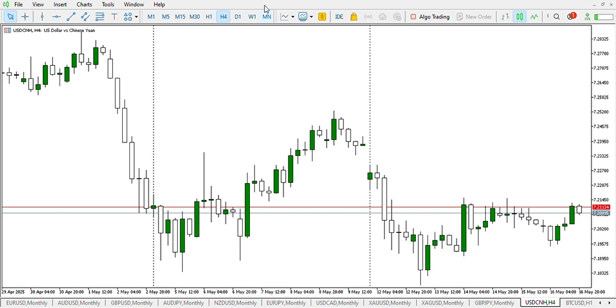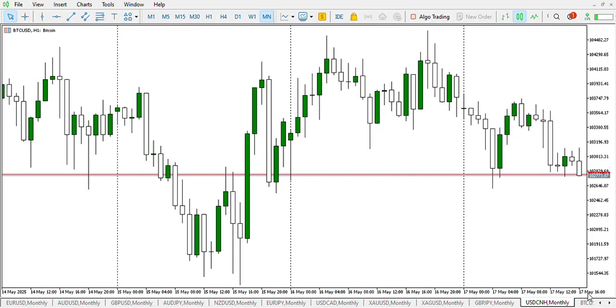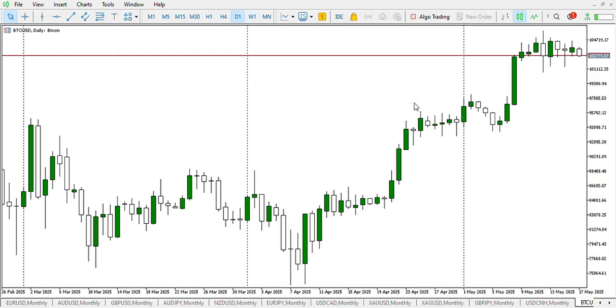On USD CNH, we do not have a very strong swing, although it seems to have a swing low. On BTC USD, we have a swing low right here, which indicates that price will be going to the upside.